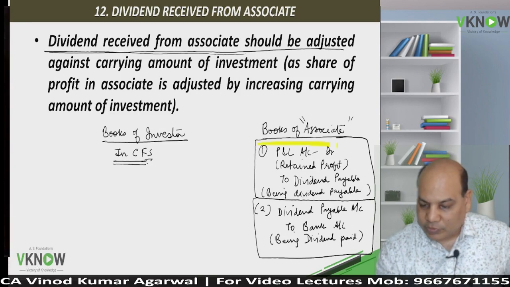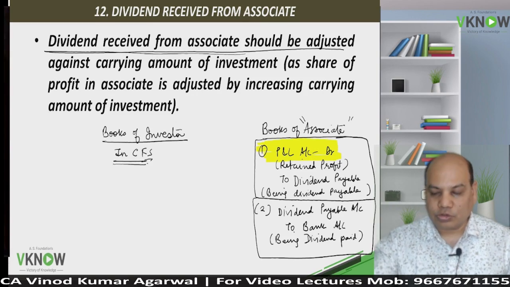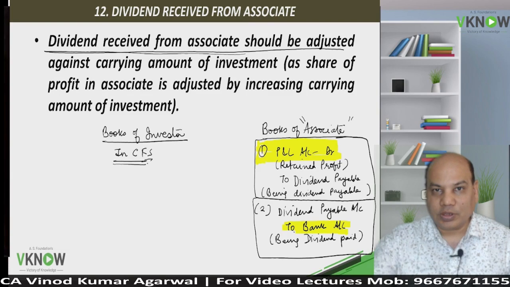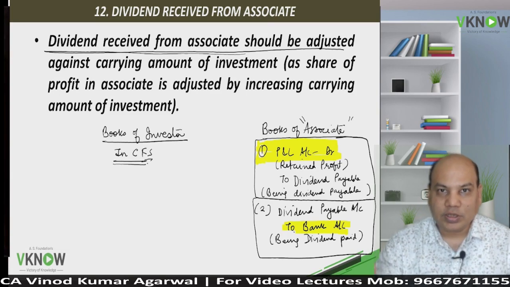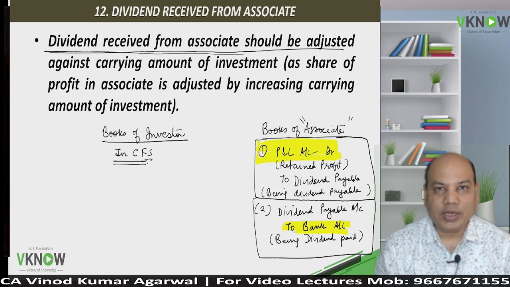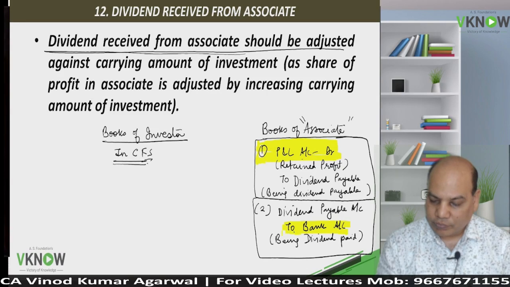What is the effect of this entry? The effect of this entry is that the associate profit and loss account is reduced. If associate profit and loss account is reduced, or if I look at the bank balance is reduced, it means associate's net asset has got reduced.